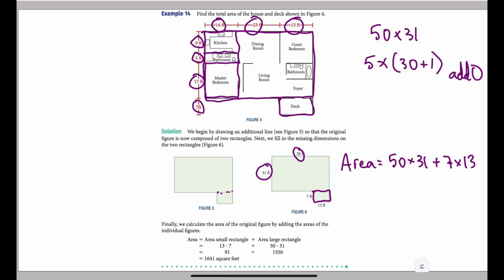So that's 5 times 30 plus 5 times 1. This is what's going on in my head when I say 5 times 31. 5 times 30 is 150. 5 times 1 is 5, so 155. Add a 0, 1550.